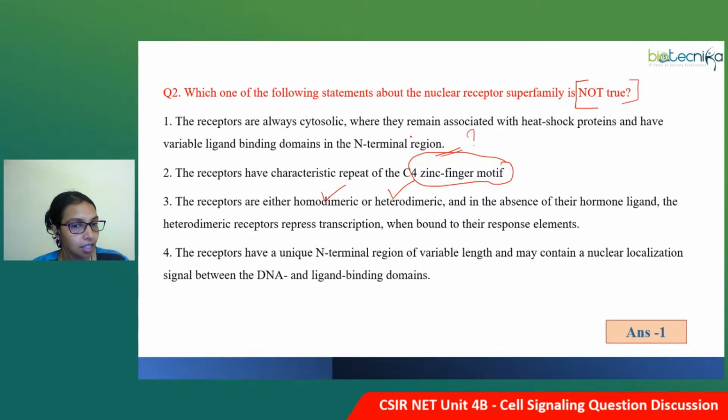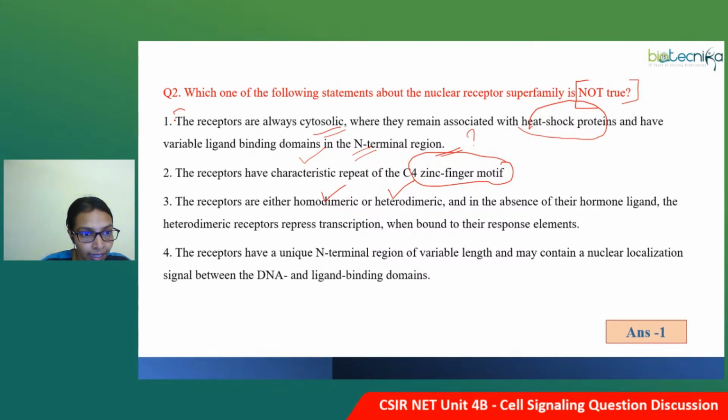Yes. Statement 1 indicates what? The receptors are always cytosolic, where they remain associated with HSPs and they have variable ligand binding domains towards the N-terminal region. Yes, absolutely correct.